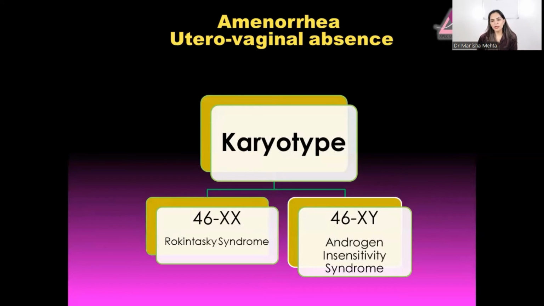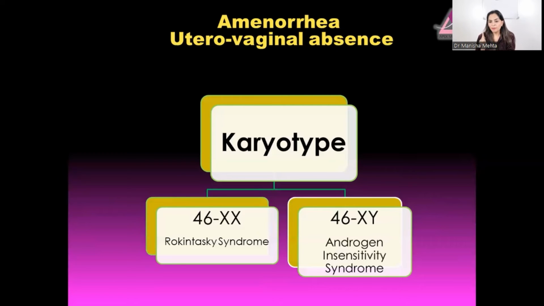So we all know that 46XX is MRKH syndrome, the Rokitansky syndrome as I like to call it in short, and 46XY is genotypically a male, but phenotypically it's a female.